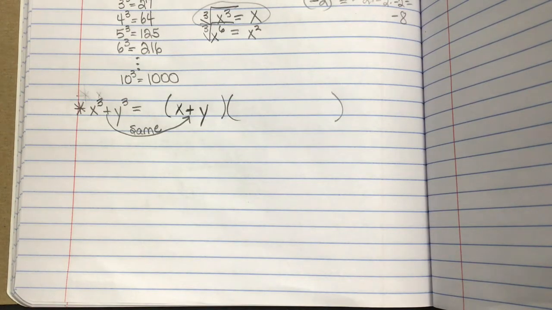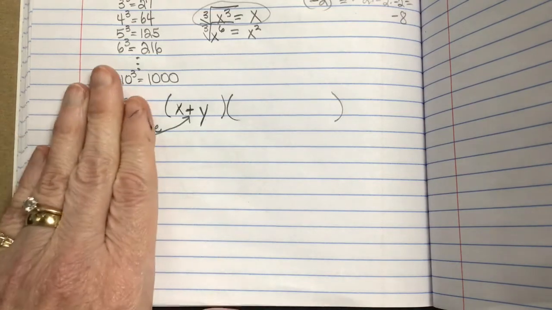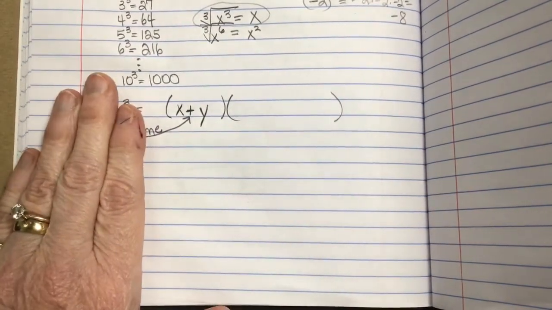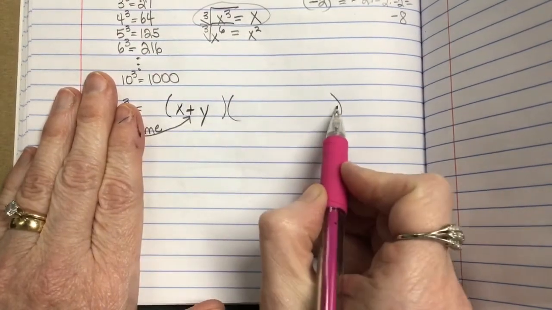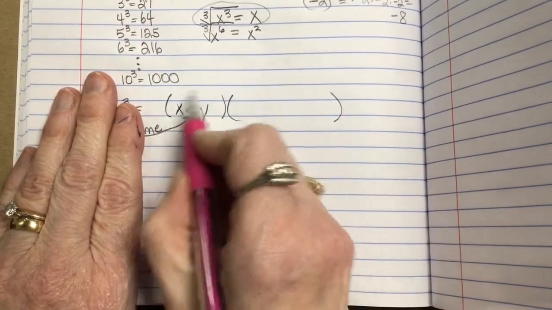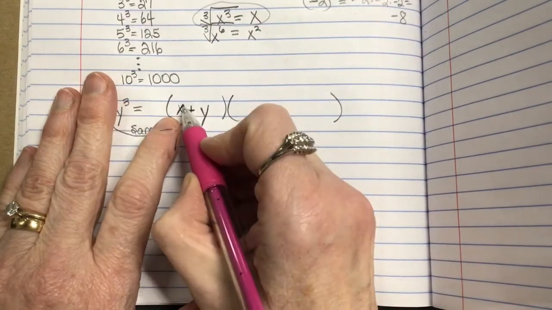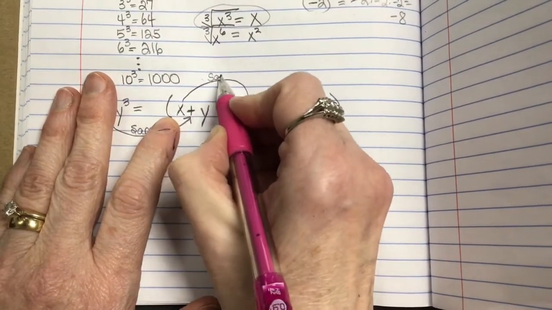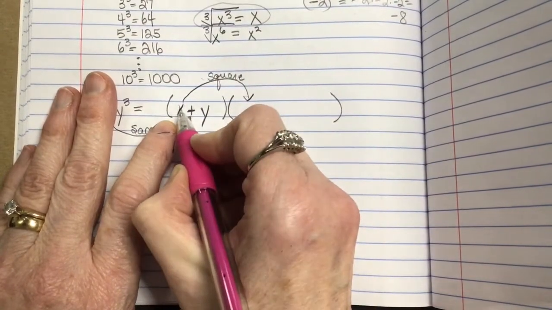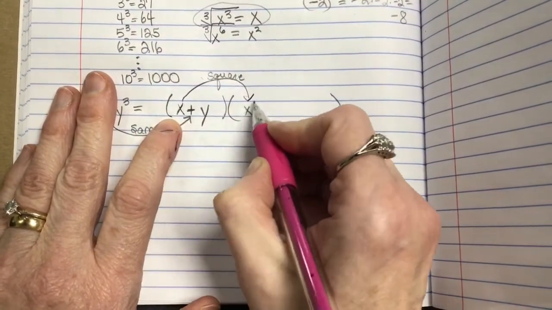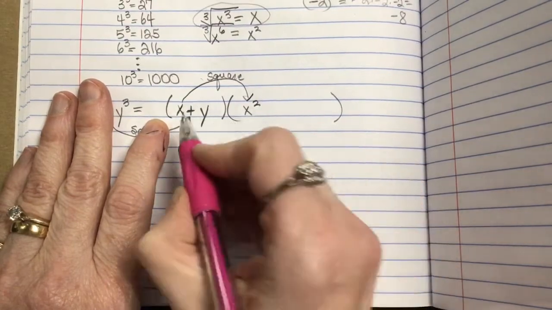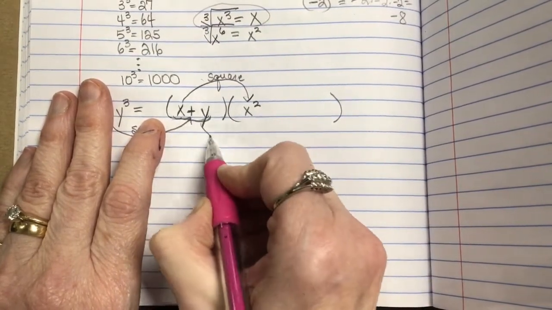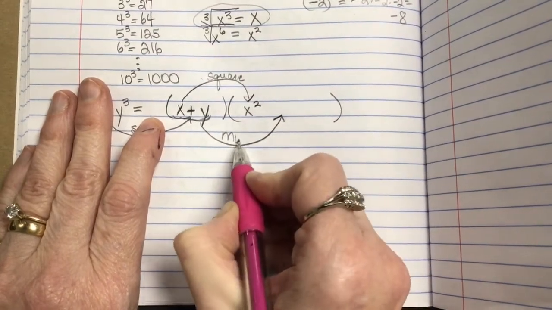Now here's the interesting part. When you go to do the trinomial, you don't look back at the original problem anymore. You're actually through with that. What's going to help you get this over here is going to be these 2 things. So the first thing you're going to do is take that one and you're going to square it. And x times x is x squared. And the middle term, and I don't know how to do this other than just kind of, I did a little squiggle right here, is going to be multiply those 2 terms together.